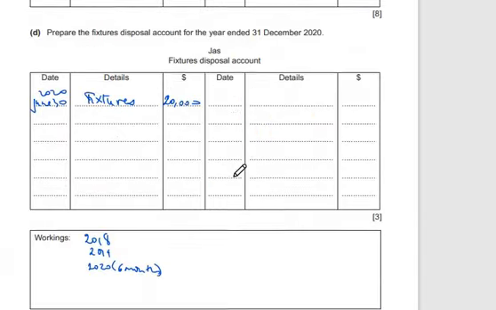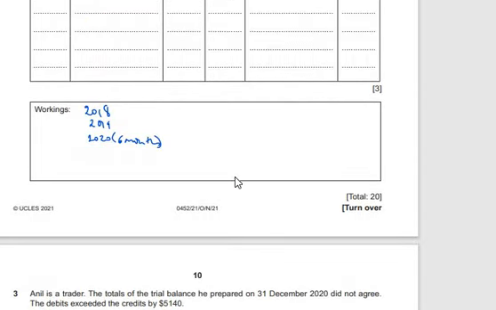So now our cost here is 20,000 minus 10% of 20,000, divided by the number of years, which is 4. This is the calculation of 1 year depreciation according to the specification we are given in the question paper.